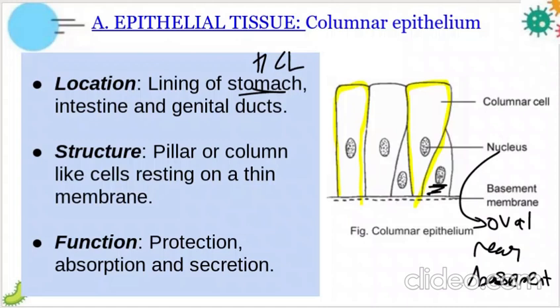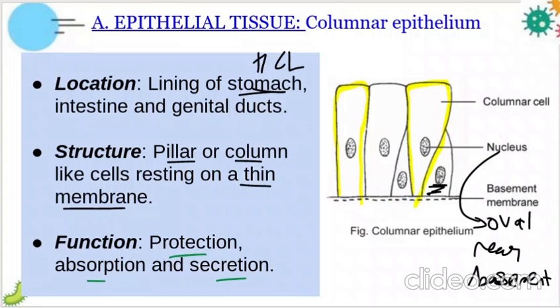And it is present wherever absorption and secretion take place, like in the intestine. So always there you will find columnar epithelium. As I said, the structure is a pillar-like column, resting on a very thin basement membrane. The function is protection in the stomach, and absorption and secretion in the intestine.